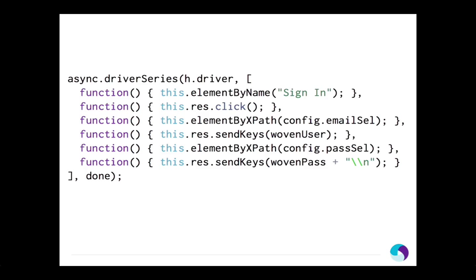So what's going on here is that we're finding an element by its name, which in the case of Android is the content description that we learned about. We're clicking on the element. We're finding the email field, typing in my email address, finding the password field, and typing in my password. And then we're sending a new line, which is the signal to the app that we want to hit the Go button on the keyboard.